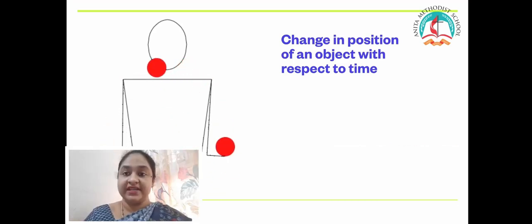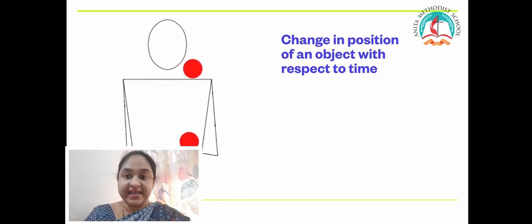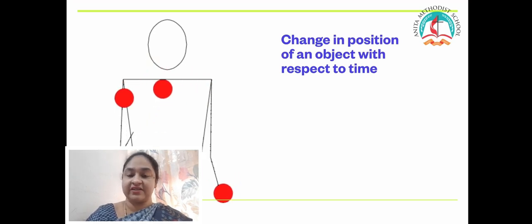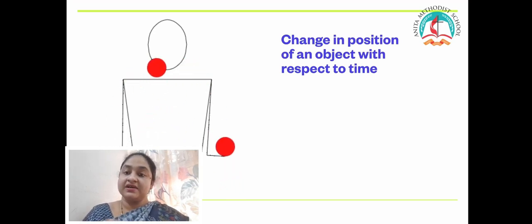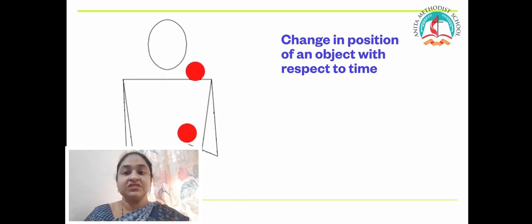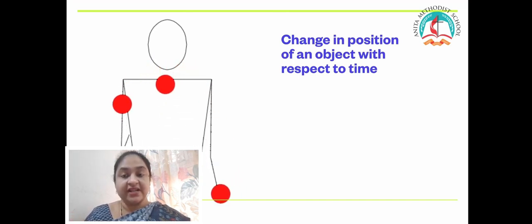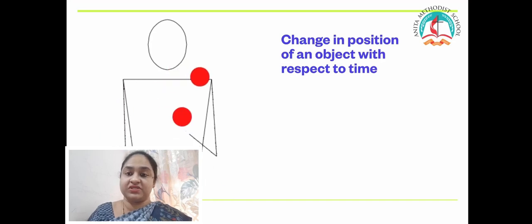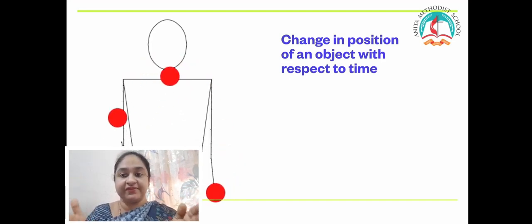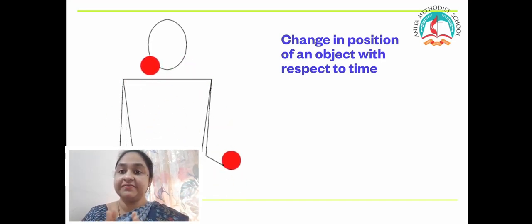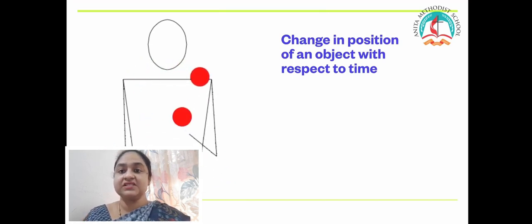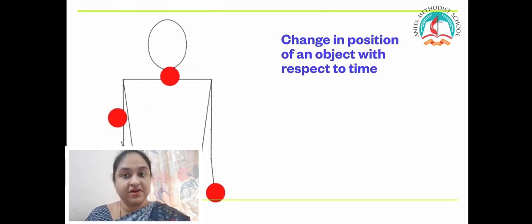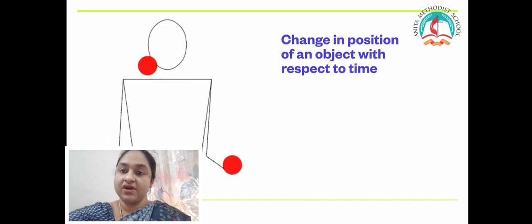When the teacher says get set go, you start running, and they also have a stopwatch to calculate the time that you take to go to the finishing position. Starting position, finishing position, and the time that you take. So that is motion, change in position of an object with respect to time.